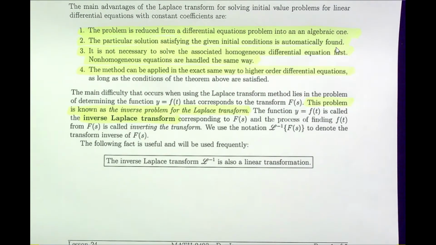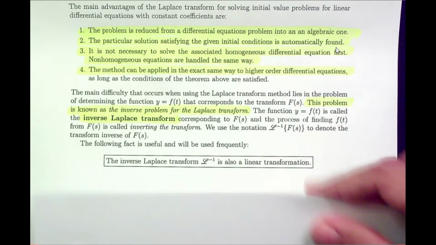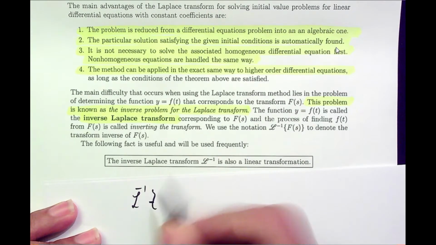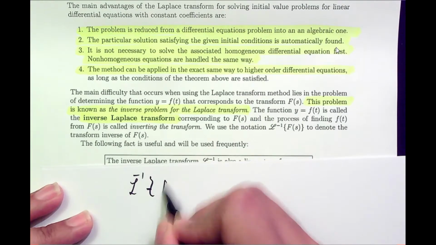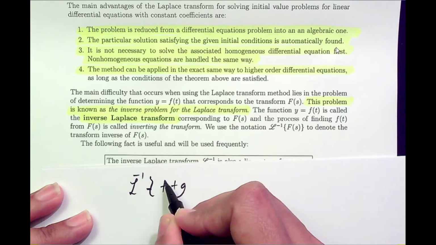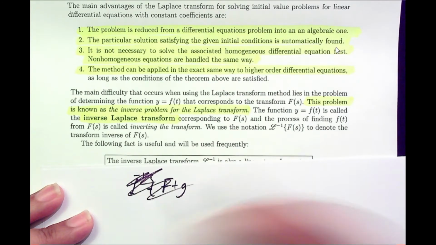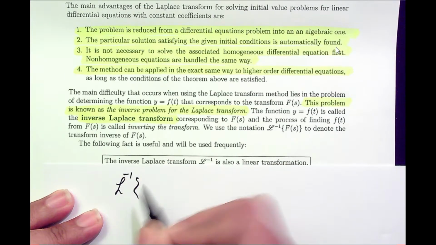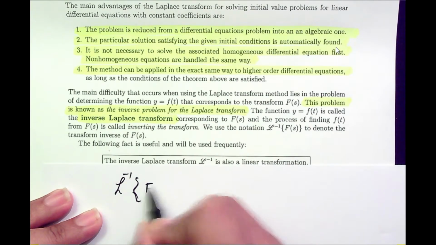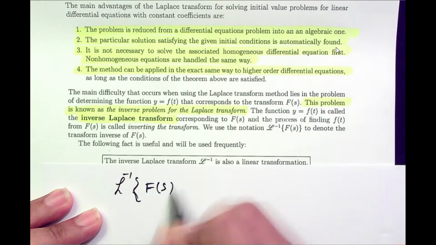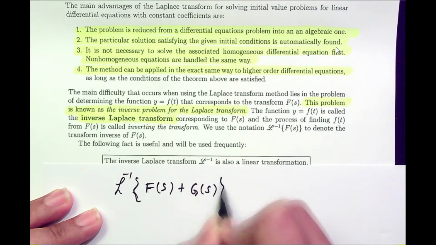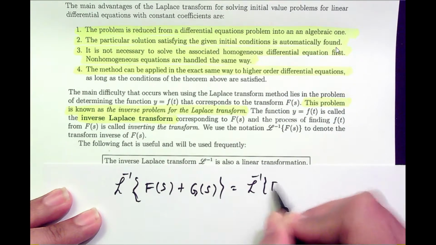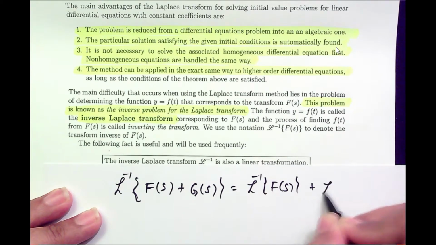So if you're trying to find the inverse Laplace transform of a sum of two functions, then you can just do each piece individually.